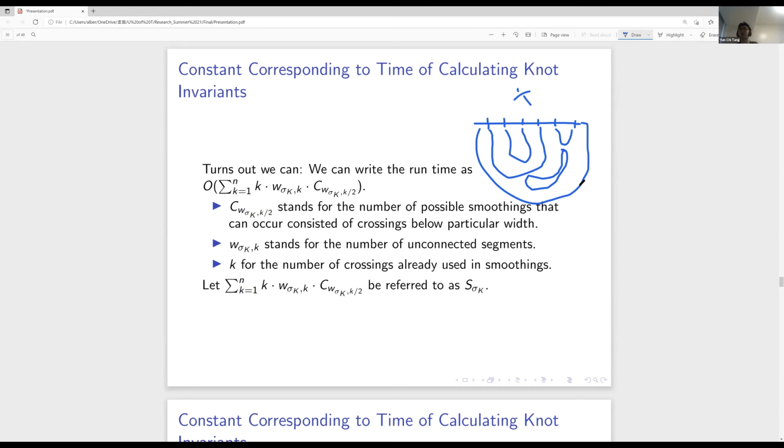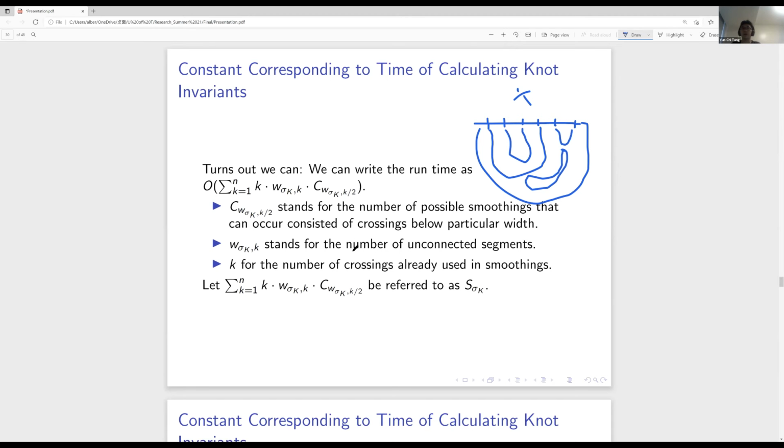It might not be entirely accurate, but the idea is that the number of ways we could have smoothed things out corresponds to the number of ways we can connect line segments below the crossing to the unconnected strands that we're going to connect future crossings to. And that number corresponds to the width divided by 2.